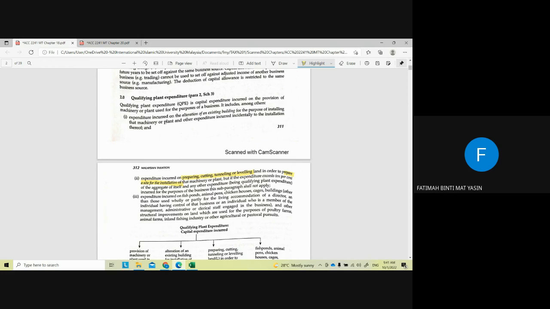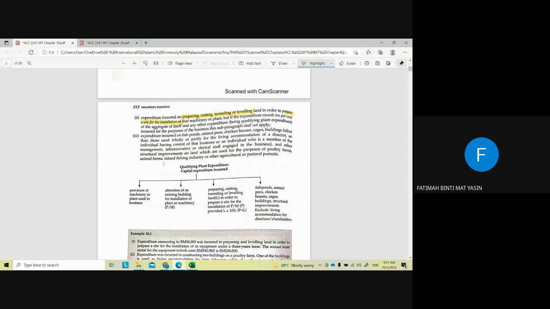Aggregate of that asset means the cost, the price, plus the installation cost, if any, plus the expenditure that the company incurred here. If the expenditure the company incurred here does not exceed 10% of that total, then the company can consider this expense as part of the qualifying plant expenditure. Later we are going to look at the details, the example.